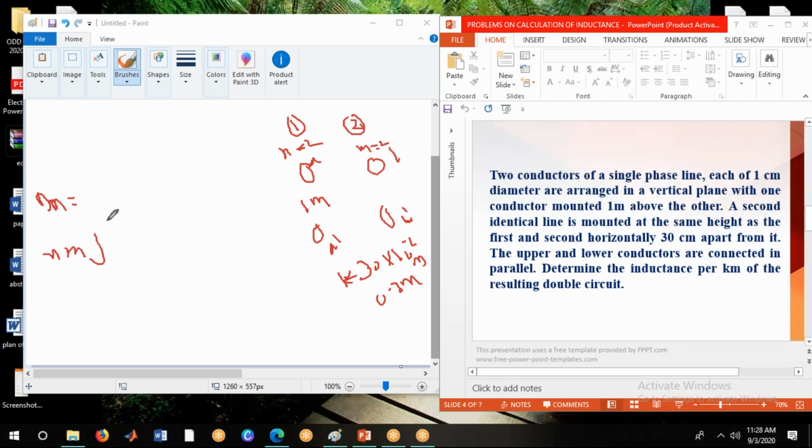So the Dm formula is the nm-th root of the distance DAB, the distance DAB dash, similarly the distance A dash B, and the distance A dash B dash. Find the value of this one.